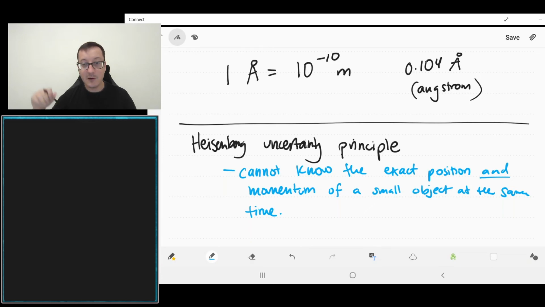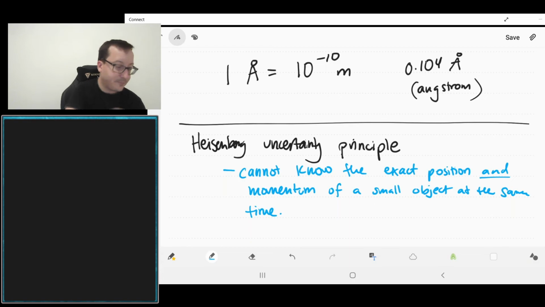We can know how fast it's going, but we don't know where it is exactly. There's some uncertainty in its position. Or if we know exactly where it is, we have very little idea of how fast it's moving. And the smaller your object is, the greater this uncertainty is.